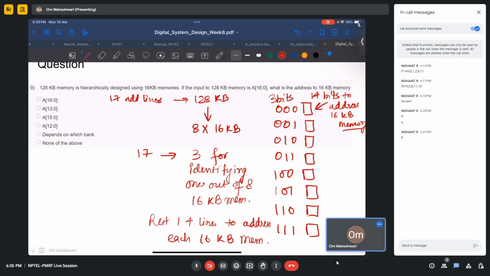So 14 lines are what? So the option is correct.